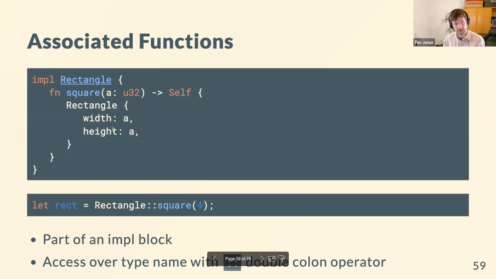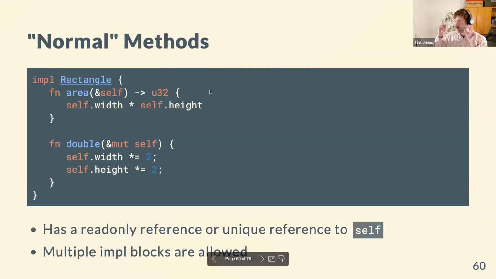The cool thing is we also have what you would refer to as normal methods in other programming languages, where you have either a read-only reference to self that may do some area calculation, or you could have a mutable reference to self that changes this instance.